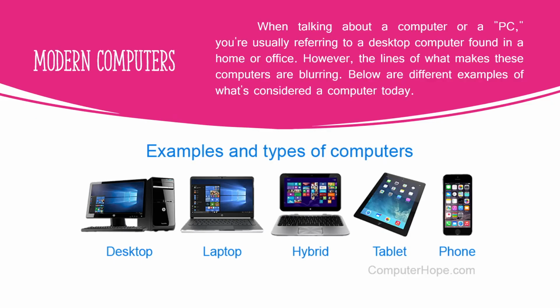But obviously, as technology advanced, the sizes of these computers got smaller and smaller. And basically nowadays you can think of a computer as a device that takes some kind of information, then processes it to produce an output.